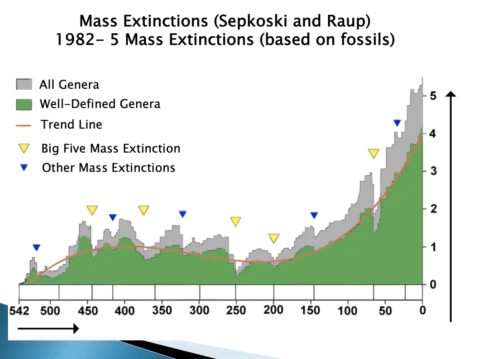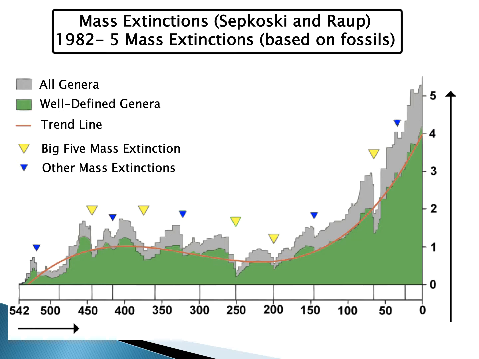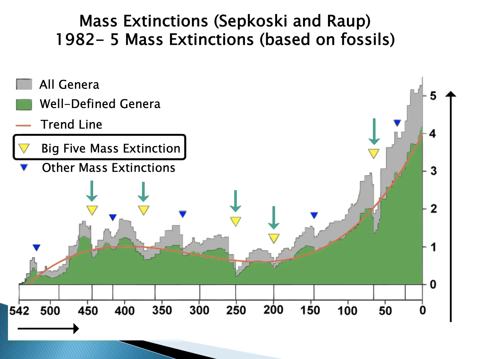Other people were studying the mass extinction at 66 million years ago, including Sepkoski and Raup, and from fossil data they determined that there were 5 mass extinctions, including the one 66 million years ago, and that one wasn't even the most major one.